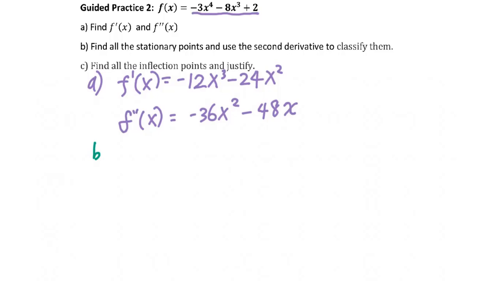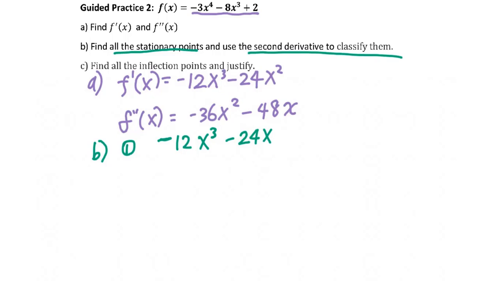Let's go to B. Find all stationary points and use the second derivative to classify. So first step, you will set the first derivative equal to 0. So negative 12x to the third power minus 24x squared equals 0.